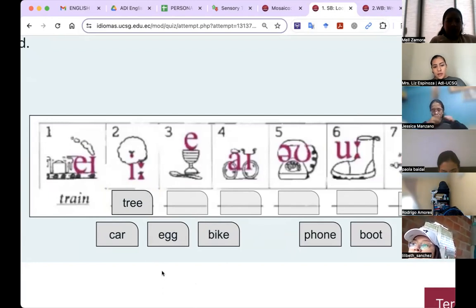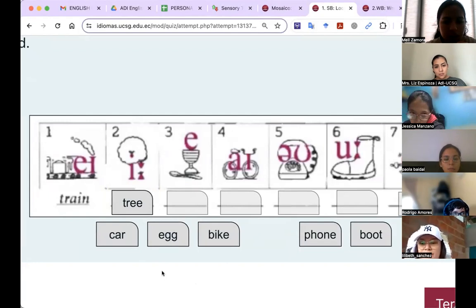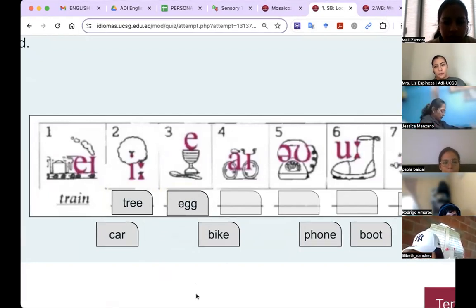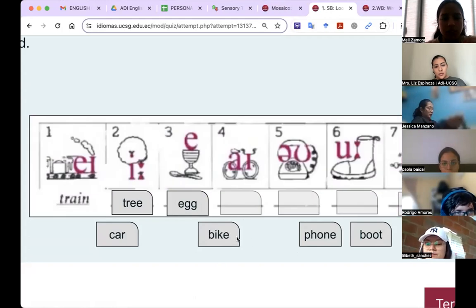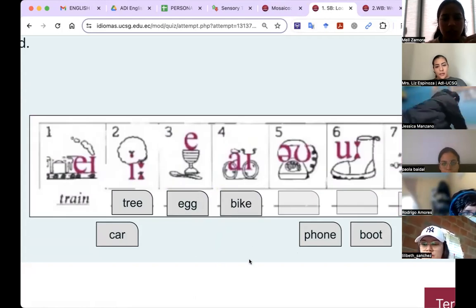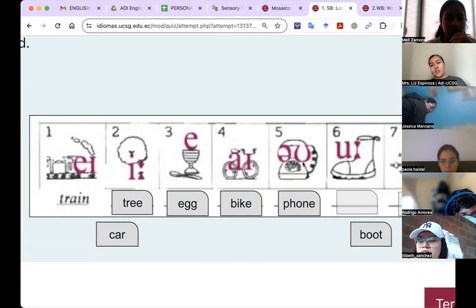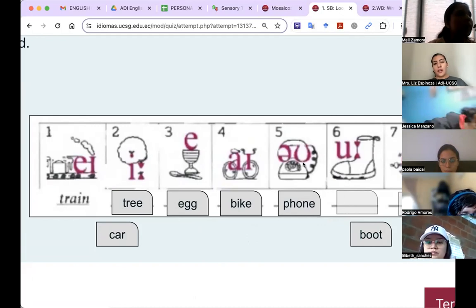Number 3, which is that? Car, egg, bike, phone, or boot? Egg. Okay. Number 4, bike. Bike, yes. 5. Phone. You see the sound? It's not phone. No, it's phone. Phone. Very good.